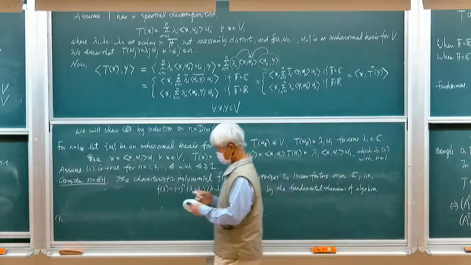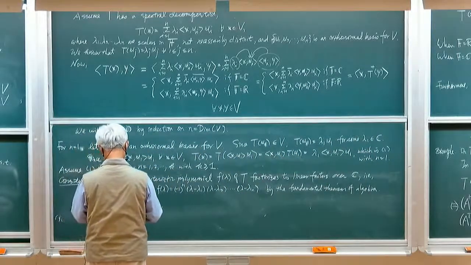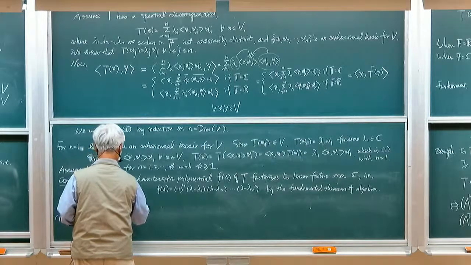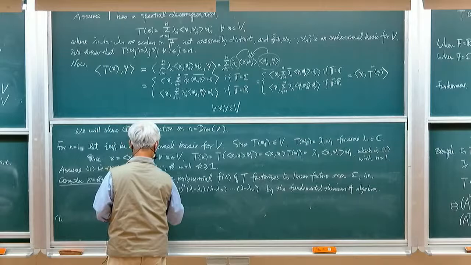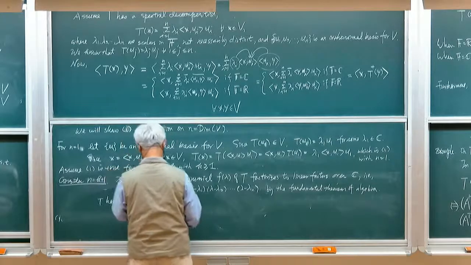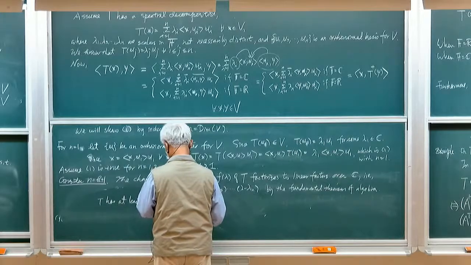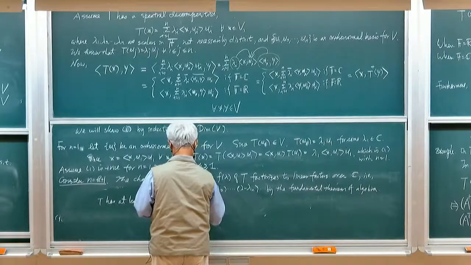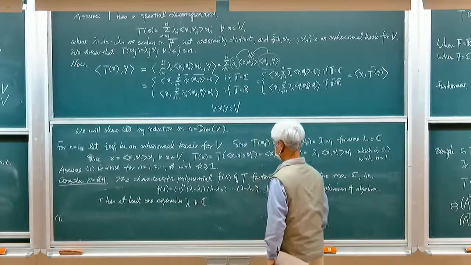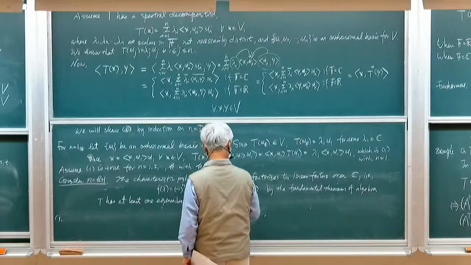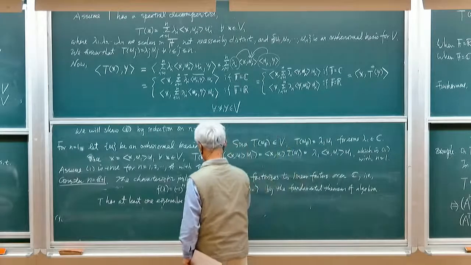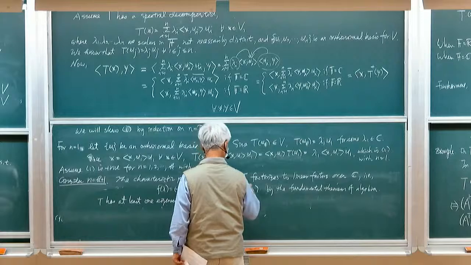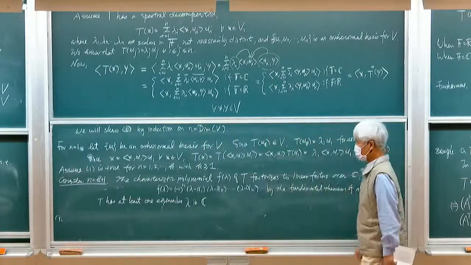So that means T has at least one eigenvalue, say alpha 1 in C, because I want to reserve the lambda.